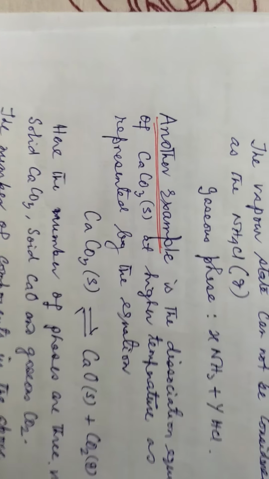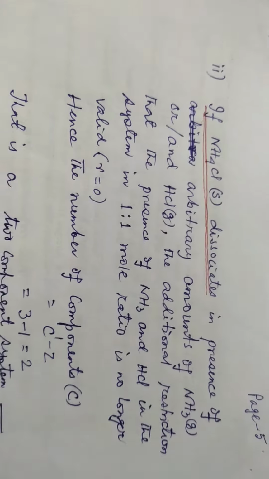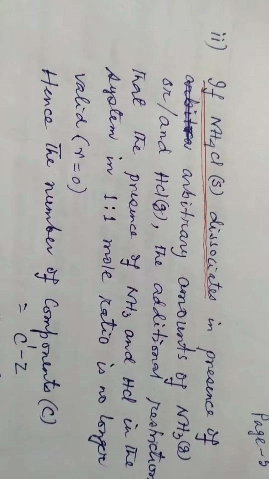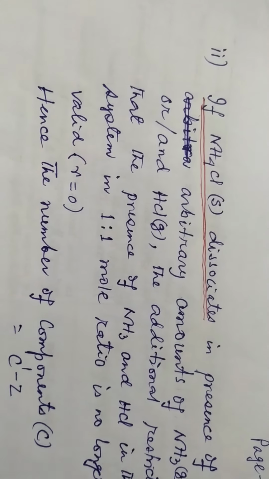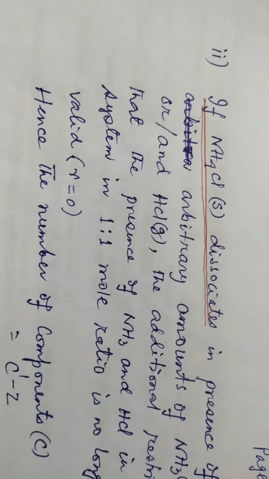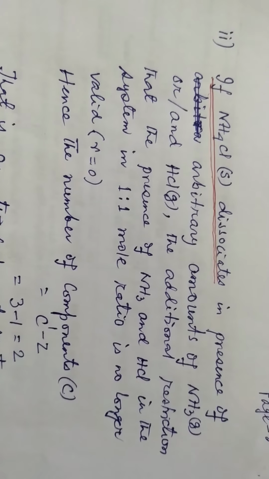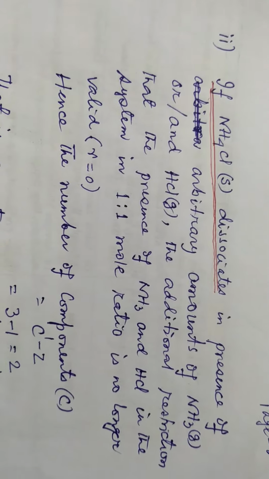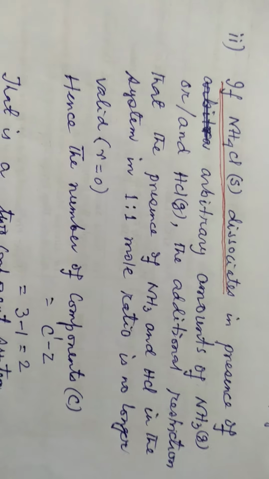Now, if ammonium chloride dissociates in presence of arbitrary amounts of NH3 gas or HCl gas, or in presence of both arbitrary amounts of HCl and NH3 gas, the additional restriction, that NH3 and HCl are present in the system in 1:1 mole ratio, is no longer valid.